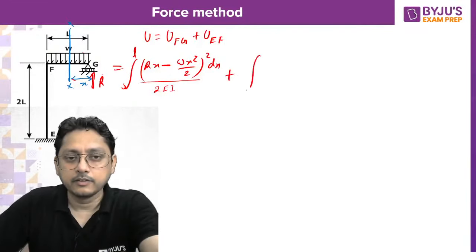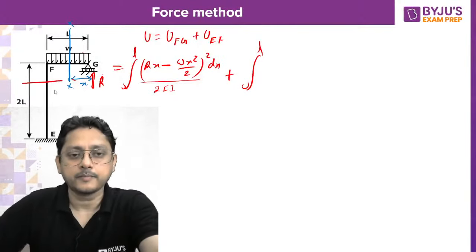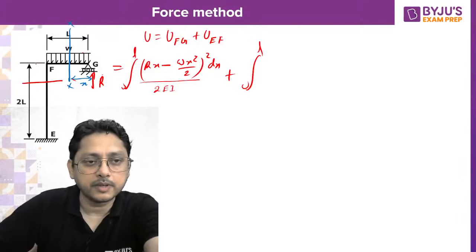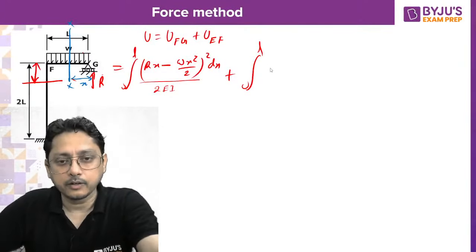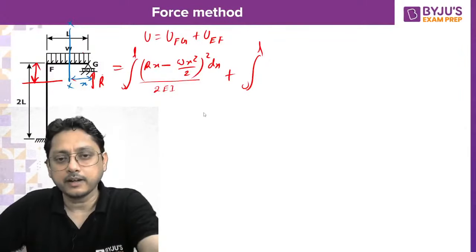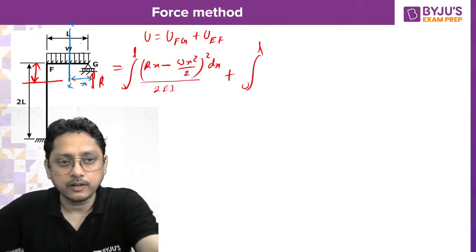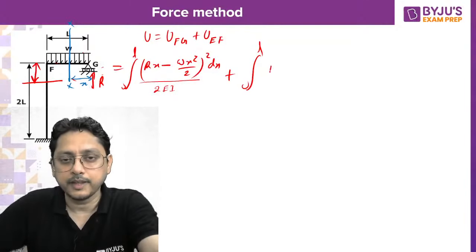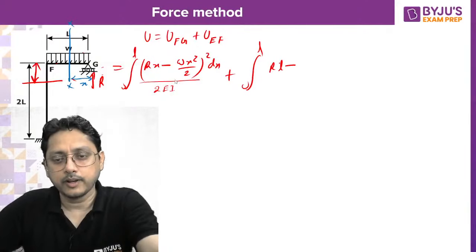Then, add 0 to L. Consider another section, maybe here at some distance, maybe x. What will be the bending moment at that location? So the bending moment at that location will be nothing but, see, R into L is the fixed one. R into L constantly it will be there. Then RL minus WL square by 2.